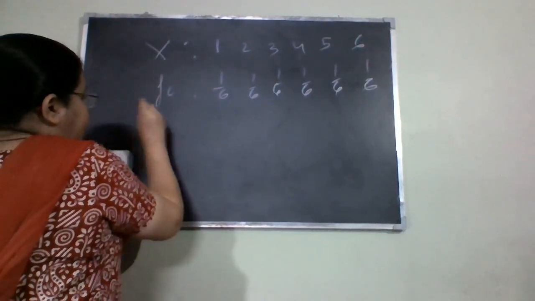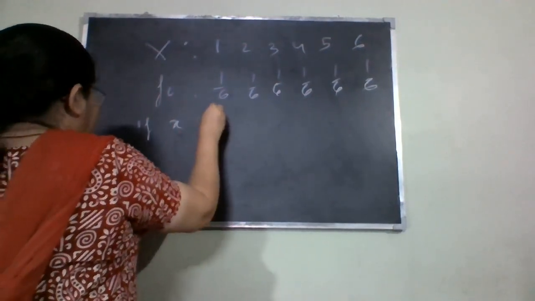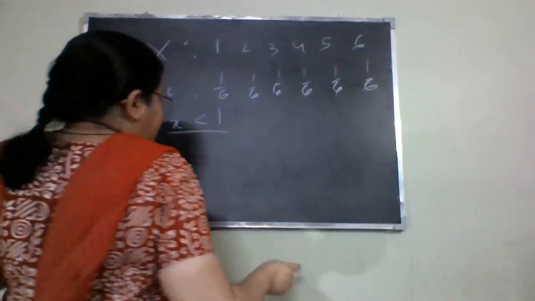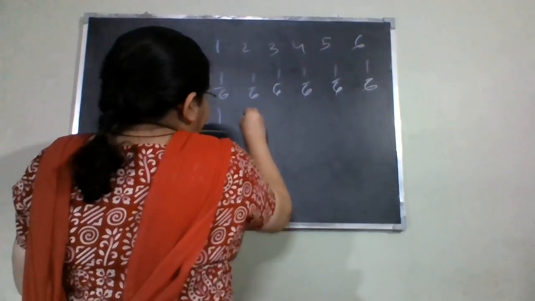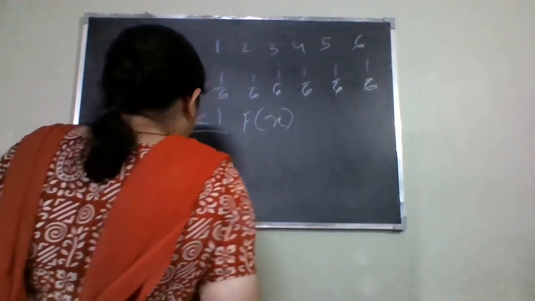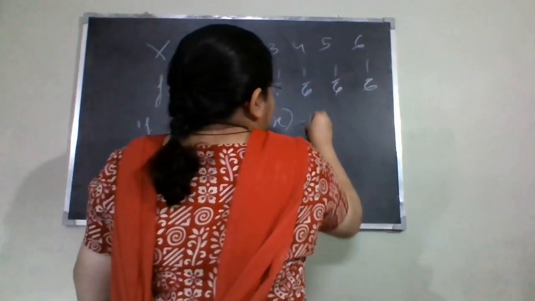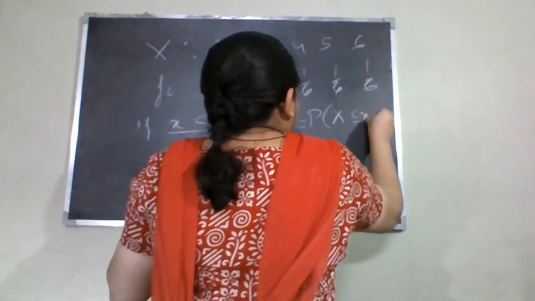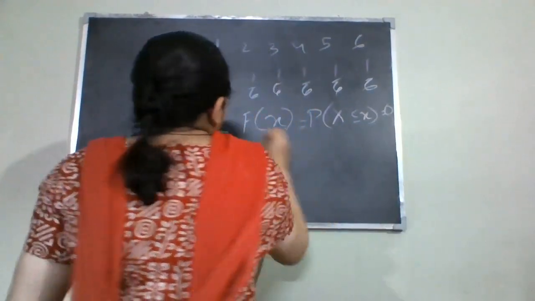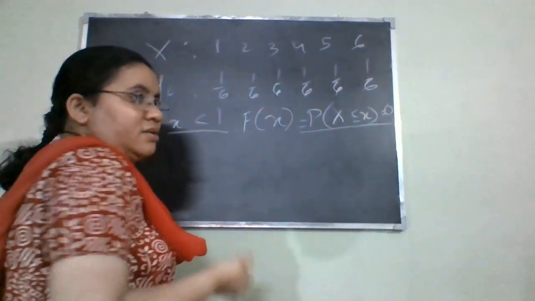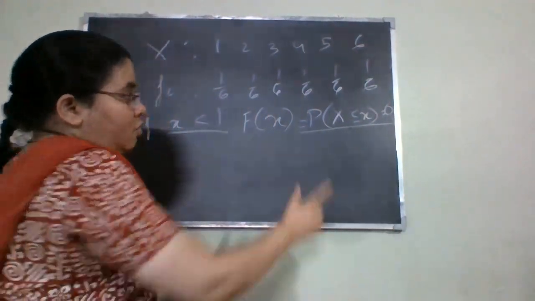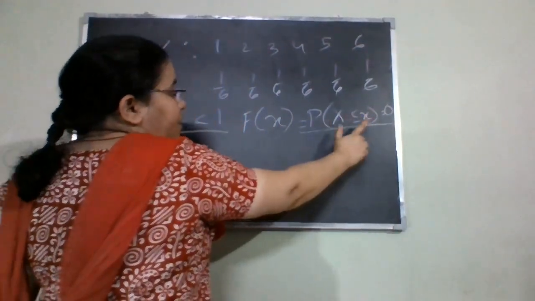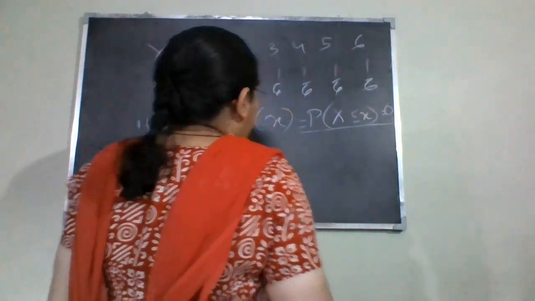If small x is less than 1, the situation when I have not started tossing the die, then my distribution function F(x) is equal to P(capital X less than or equal to small x), which is equal to 0. There is no tossing, no outcome, so F(x) is equal to 0. You can also use the term P(capital X less than x) equal to 0.